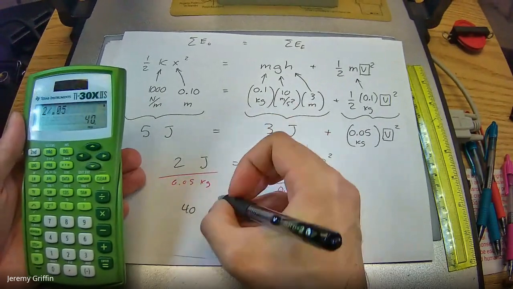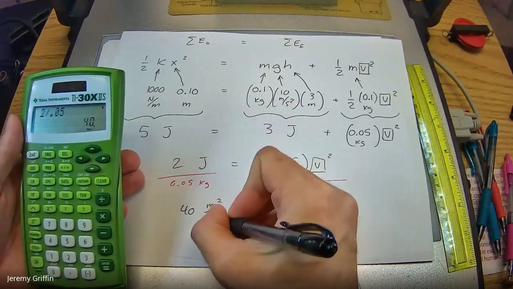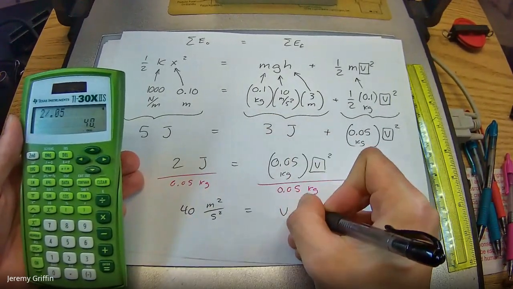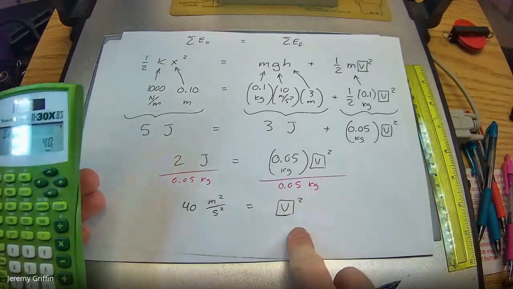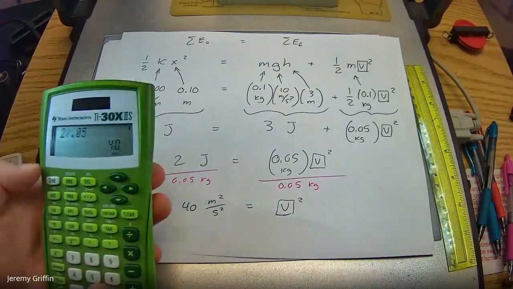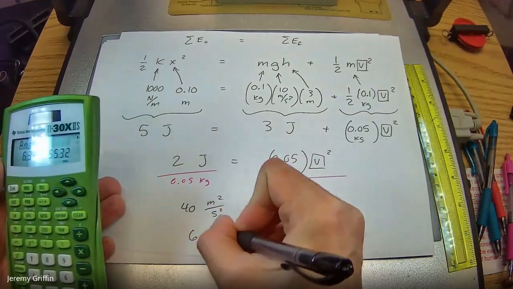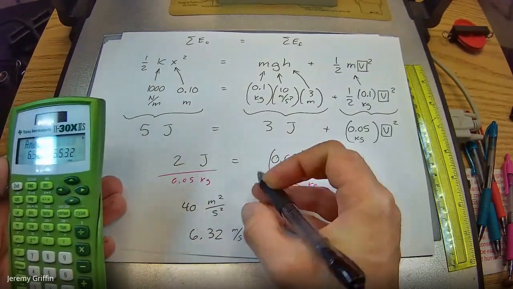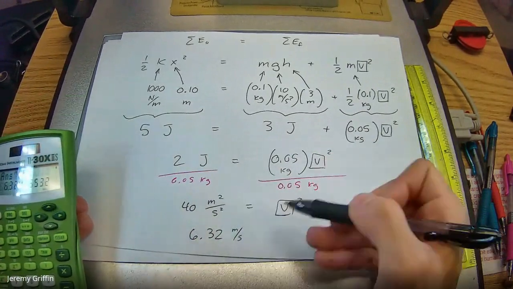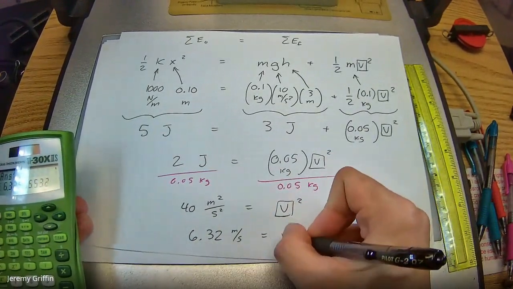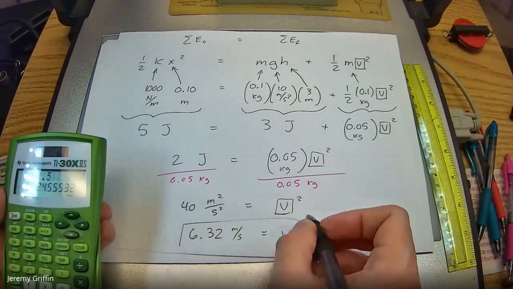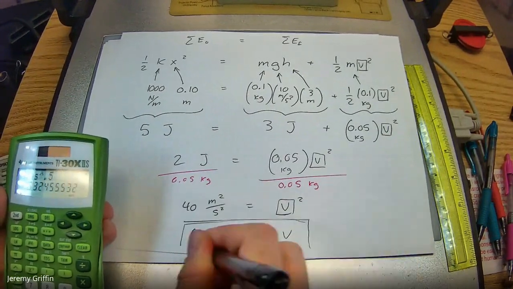And then joules divided by kilograms, that's meters squared per second squared. If you follow through the units, that'd be v squared. So last step, take the square root of both sides. What's the square root of 40? I'm looking at 6.32. And then, oh hey, meters squared per second squared. The square root of that is just meters per second, which describes the speed. Yeah, so all good. Worked out.